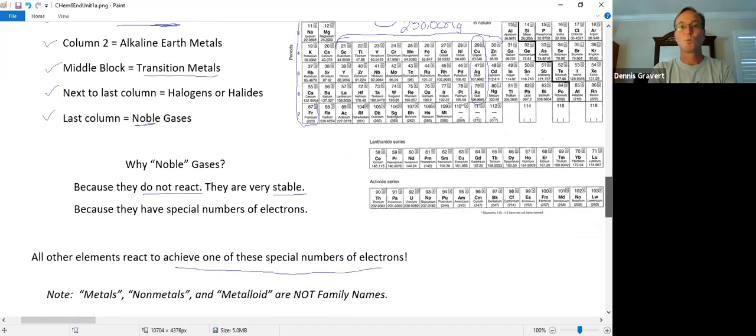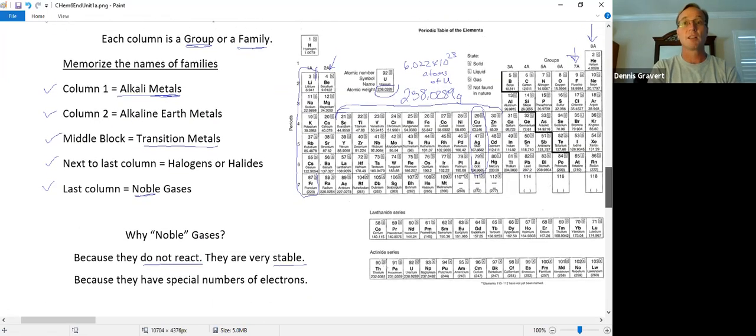Oh, just to avoid some problems on future exams. Suppose I say, hey, what family does sulfur belong to? And someone says, oh, it's a non-metal. You don't get any points. Non-metal is not a family name. Yes, sulfur is a non-metal. That's just its property. But sulfur has a different family name, which I didn't give to you. So that was a bad example. No problem.